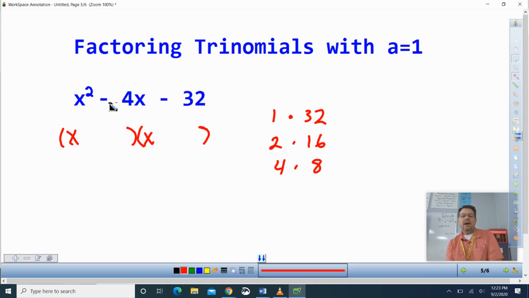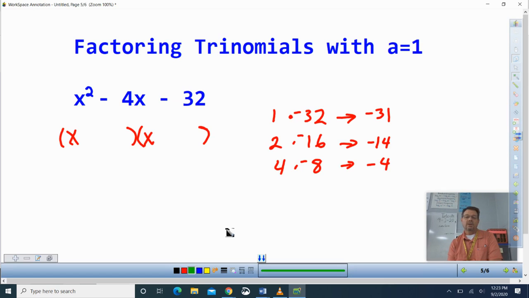Now, which one needs to be negative? Well, since I have a -4 as my answer, I need to have more negatives than I do positives. So I'm going to put my negatives over here. And so when I add these together, each one of those will give me a negative answer. So I'll put these together, and that's going to give me -31. Those are going to give me -14, and those will give me -4.